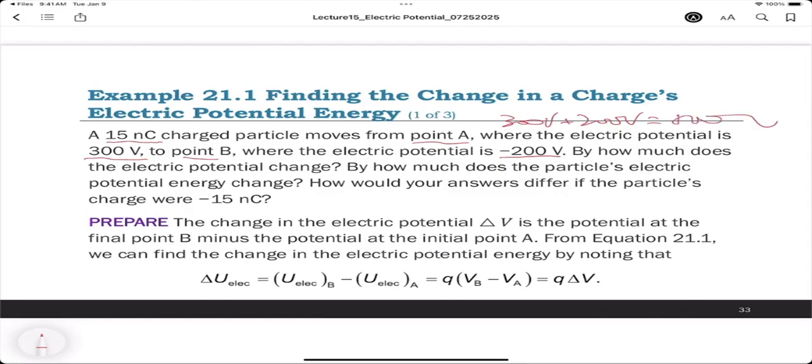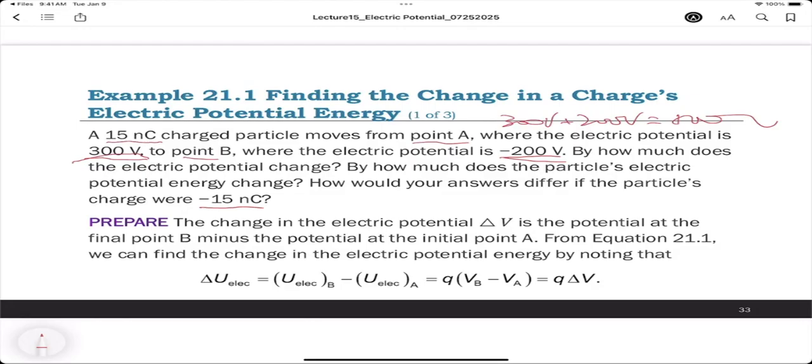Because from 300 volts to negative 200, it is 500, am I right? By how much does the electrical potential change? By how much does the particle's electric potential energy change? And how would your answer differ if the particle's charge were negative 15 nC?